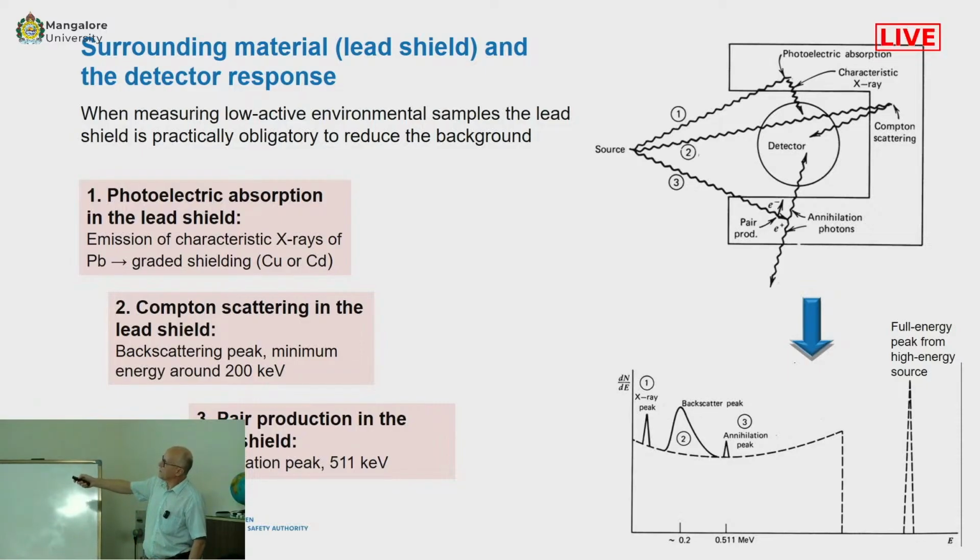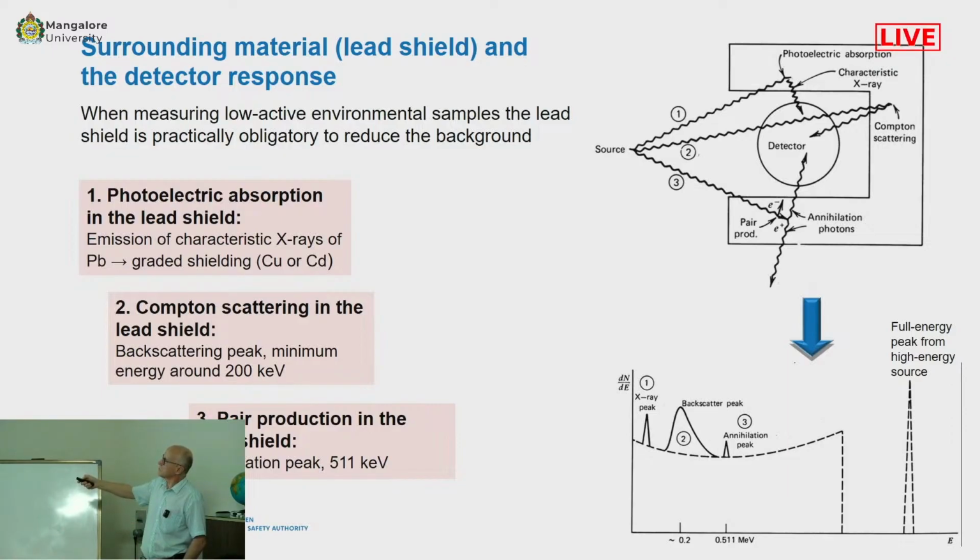And in this case, it may happen that the photon goes this way to the lead sheet, then characteristic X-rays may come out there, and they are typically lead X-rays, with an energy of 80 kilo electron volts or so, 70.